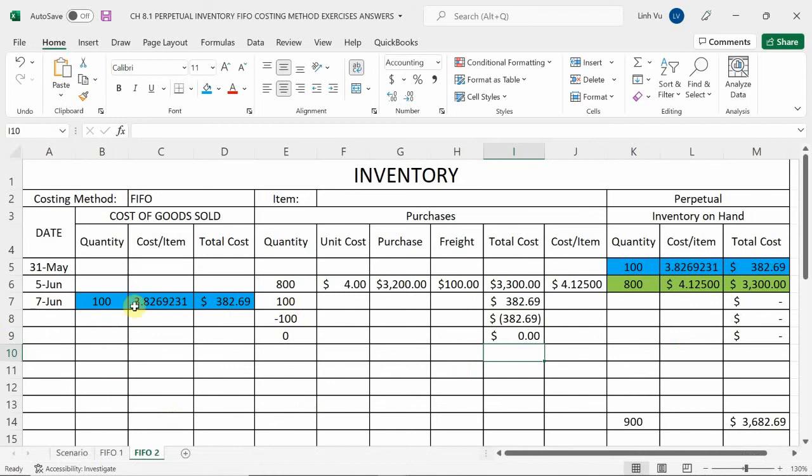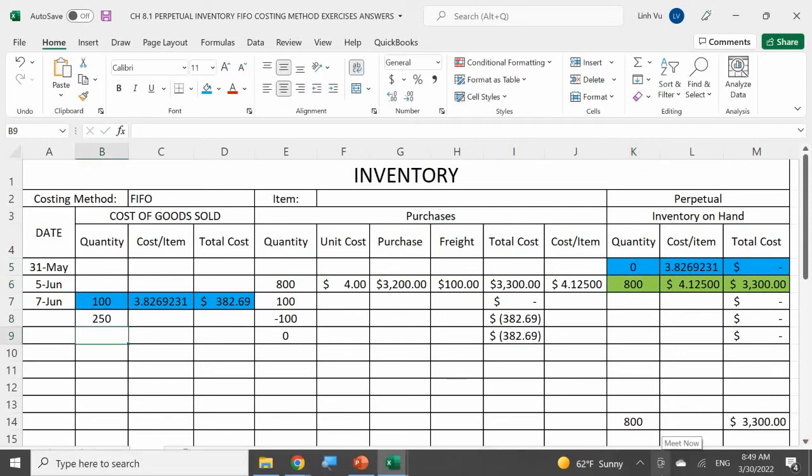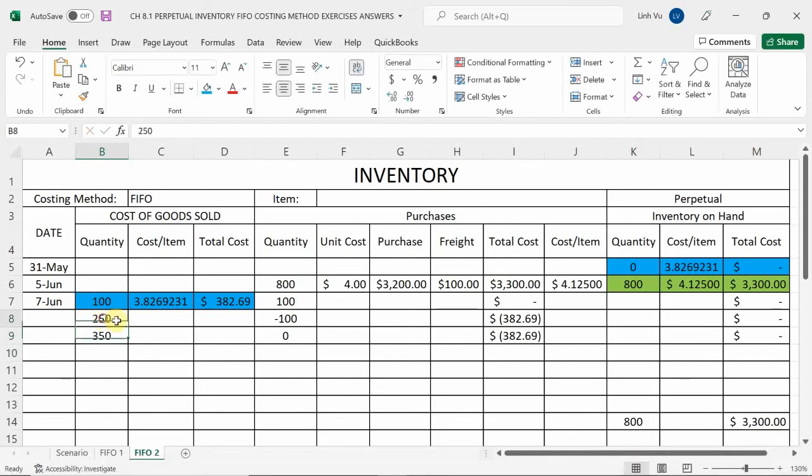So in this case, I'm working my way from left to right. Now that I sold 100 of them, we got rid of it, and now I can say it's gone. How many more do we need to sell? 250. We need to sell 250. And this one is going to be my green batch.